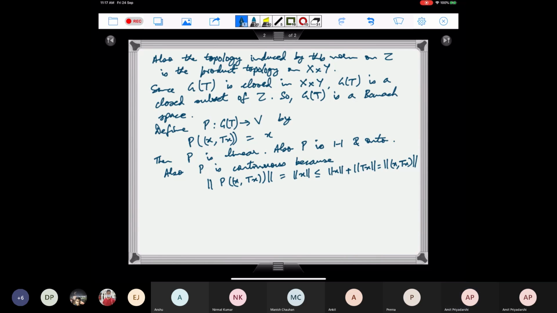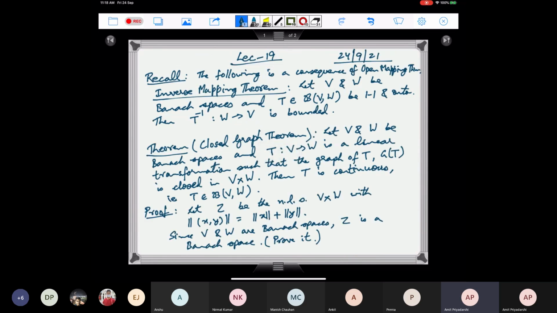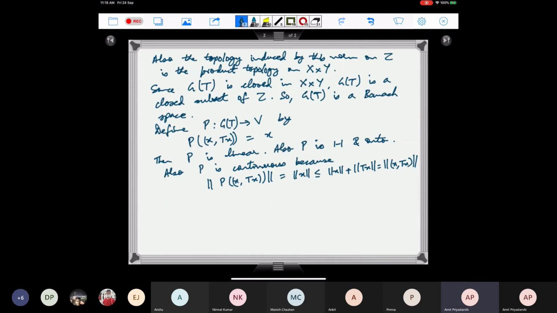Now we'll use the inverse mapping theorem, because G of T and V both are Banach spaces, and P is a bounded linear transformation which is also one-one and onto. So by the inverse mapping theorem, P inverse will also be continuous.